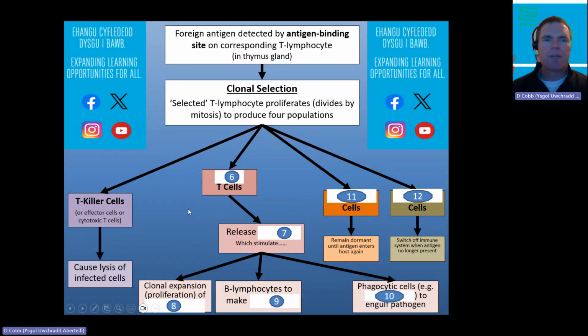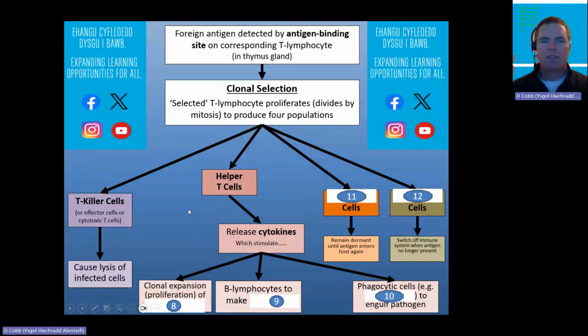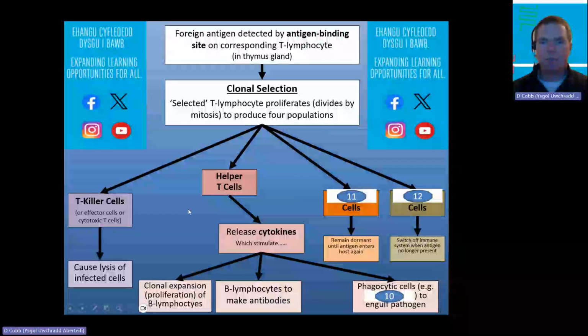So number 5 is T killer cells, and those cause the direct, well, killing, bad word to use, but lysis of infected cells. Helper T cells. The helper T cells, they release cytokines. So you notice I haven't said that they help with the humoral response, the B lymphocytes. I've now just explained it. So they release cytokines which stimulate the proliferation of the B lymphocytes and stimulate B lymphocytes to make antibodies.